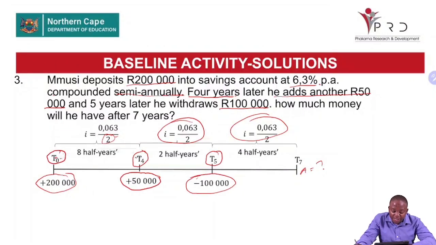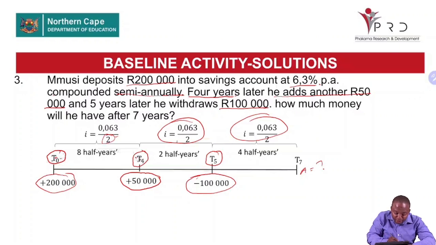Now, how many half years do we have there? Why are we saying half years? Because remember, in this case, we are compounding semi-annually, and every T from T1 to T2 represents a single compounding period. So we need to find how many compounding periods occurred between T0 and T4.